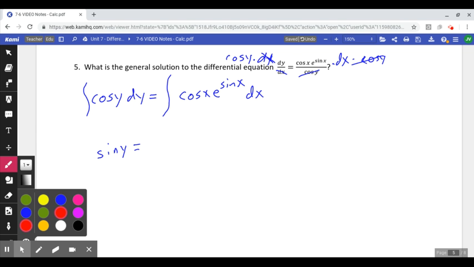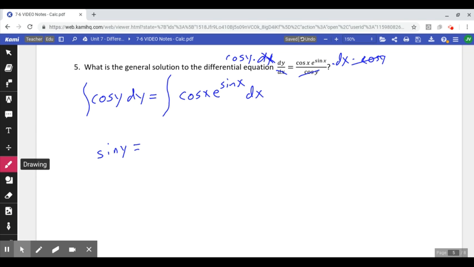If you do need to use a different method, you can use u substitution. So for this one, I can see that the sine of x right here is inside of the e to that power. So I'm going to let u equal the sine of x. If I find the derivative with respect to x of each side, I wind up with du dx being equal to the cosine of x.